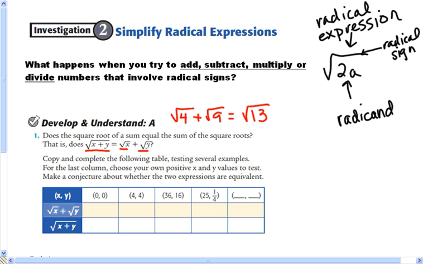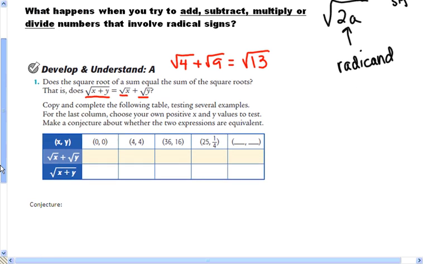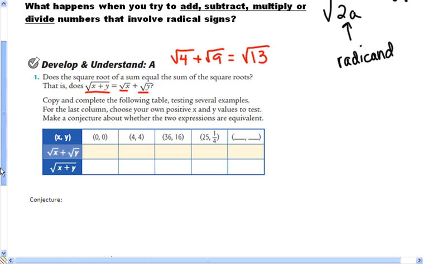We're going to find out by looking at some problems and just deciding for ourselves whether or not we think we can do that. So we're going to start here with this little table, and we have the two different expressions. And the first two values we're going to use for x and y are 0 and 0. So on this first one, we're going to do the square root of 0 plus the square root of 0. And the square root of 0 is 0, so it's really just 0 plus 0, which is 0.